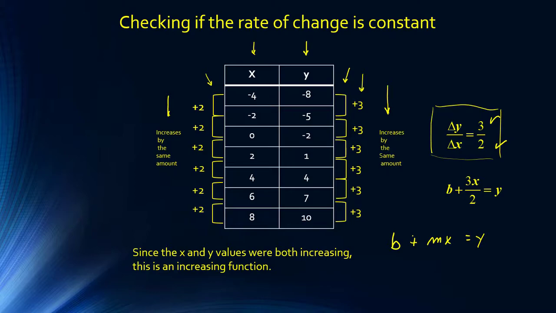But remember that m equaled delta y over delta x, so that would be b add delta y over delta x times x equals y.